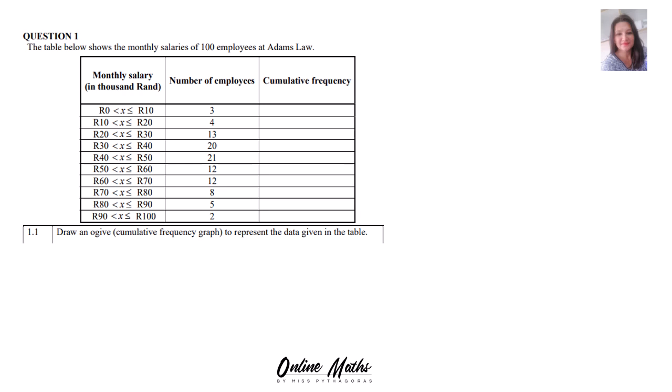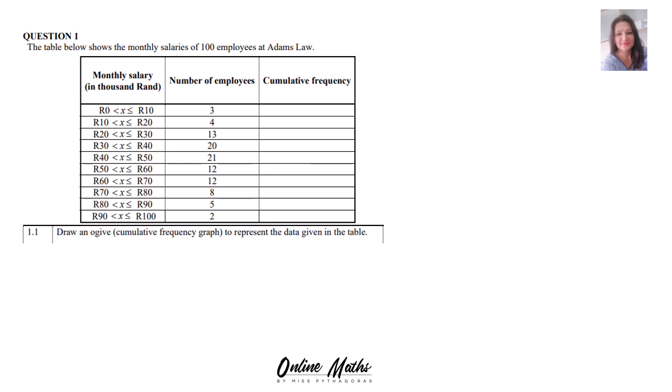Number 1 wants us to draw an ogive, or a cumulative frequency graph or polygon, to represent the data given in the table. Before we can try that, we need some coordinates and we need the cumulative frequency. Let's start with the cumulative frequency, and you do that by starting on the first line.